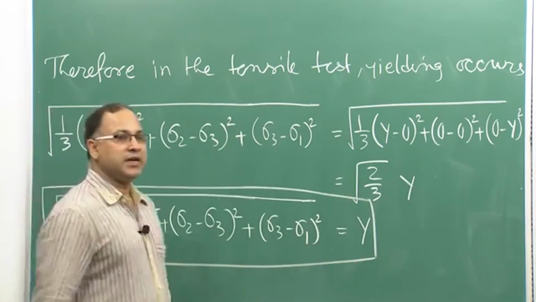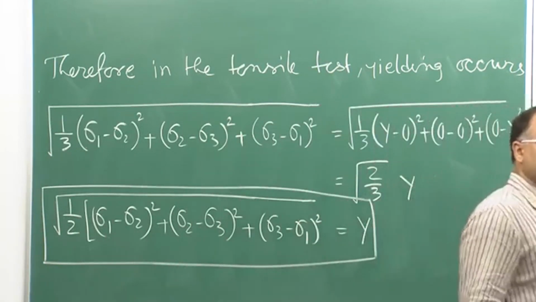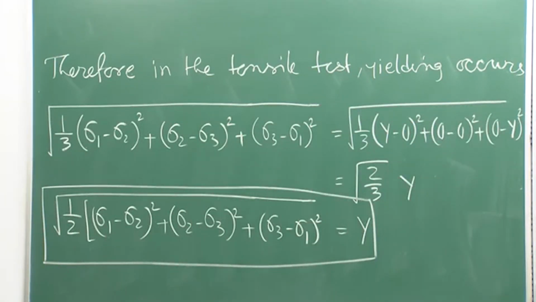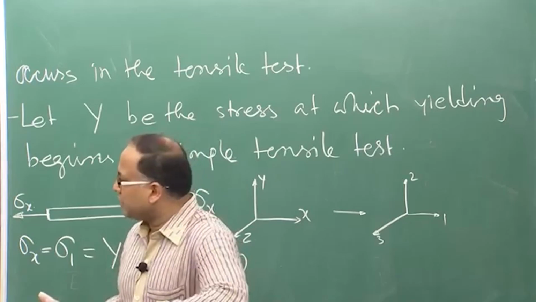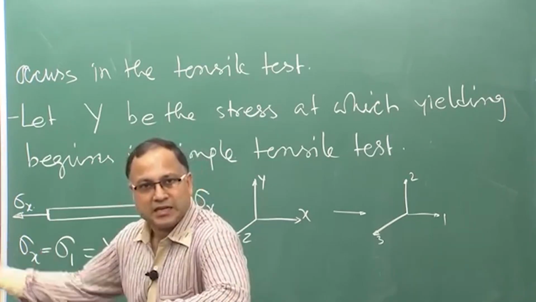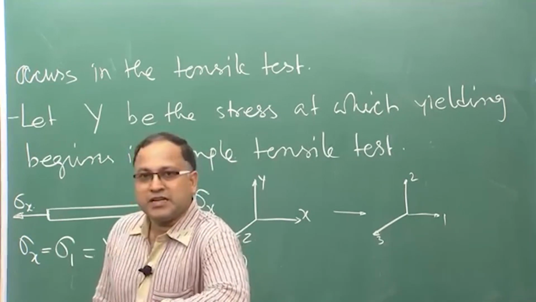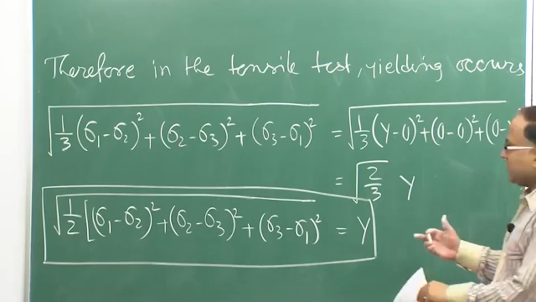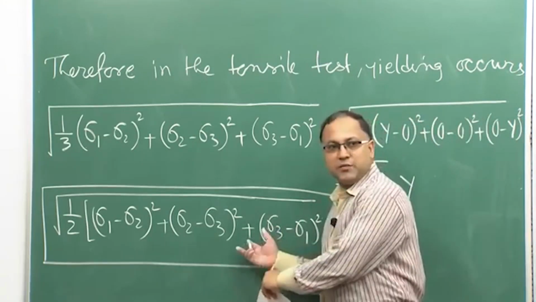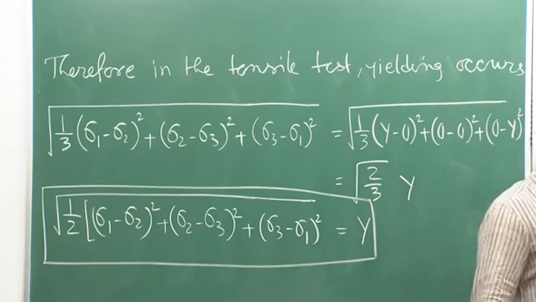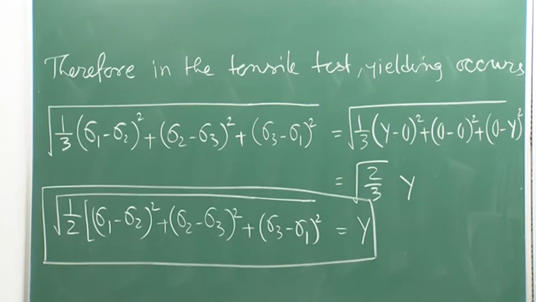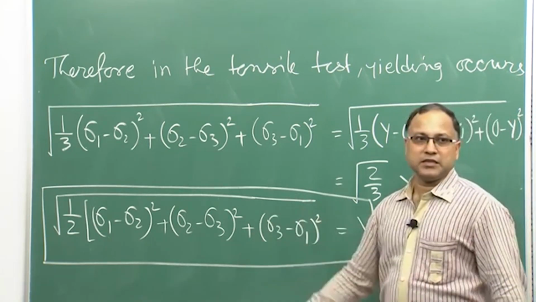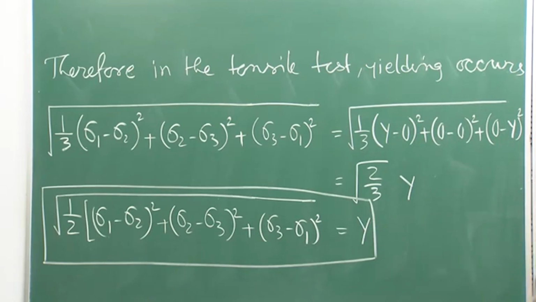So this we are getting from our first criteria, that means for initial yielding, this is my first yield criteria. So what basically the interpretation coming from this equation, that means if you consider any body, okay, under the action of sigma 1, sigma 2, sigma 3, these are the principal stresses say, okay.